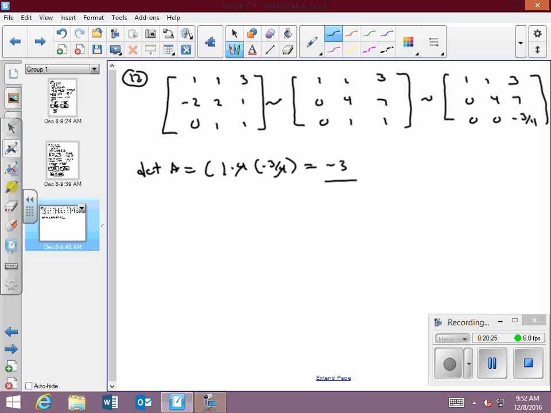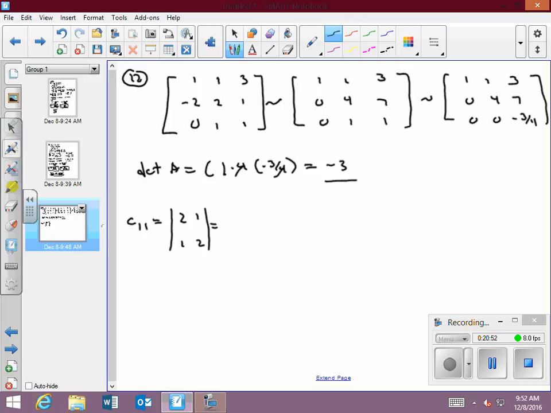And now I get to get cofactors. Cofactors of the first row, first column. That's going to be the determinant of 2, 1, 1, 2.